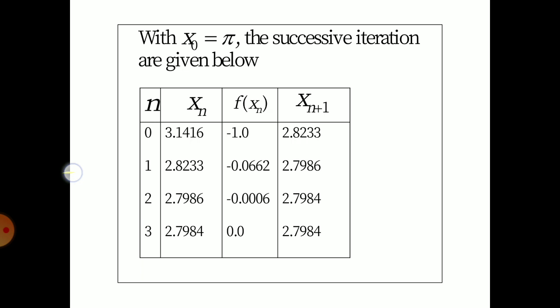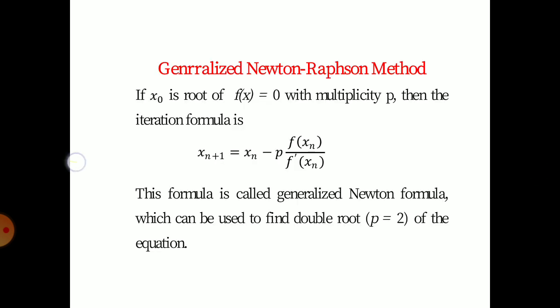You can obtain or verify, means we shall consider x0 is equal to pi, then x0 is 3.14 and so on, and then you can find f of x0, that is minus 1.0, and you can obtain the required solutions. You can verify this, you can use the calculators and you can see the solution.